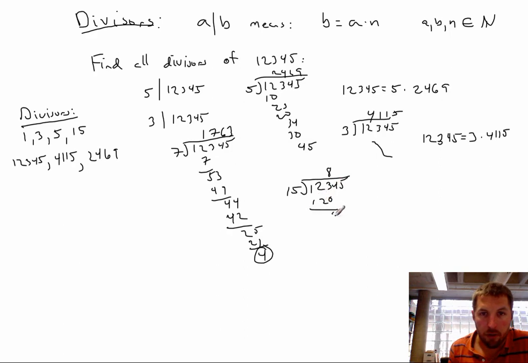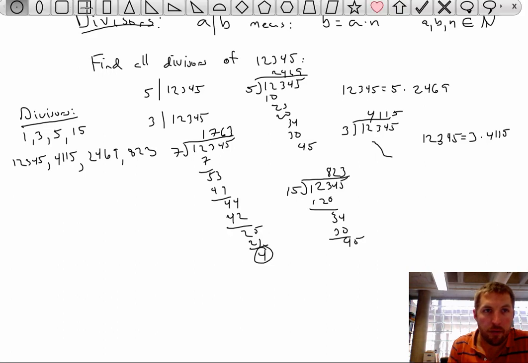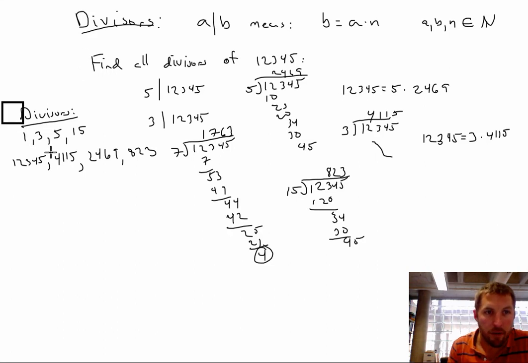That worked out nice. Bring down the 4, 34, so we got 2. That's 30. 34 minus 30 is 4, bring down the 5, 45, and that goes in nice and even 3 times. All right, so that means that we have 823. All right, so here we have a nice list of our divisors.